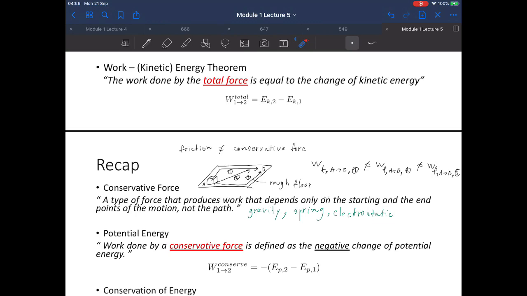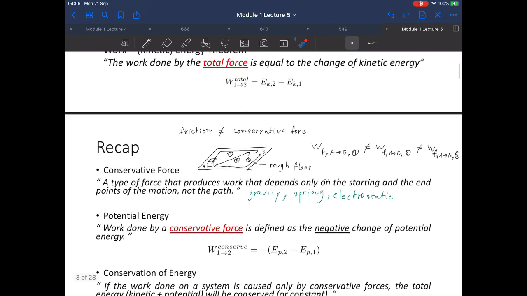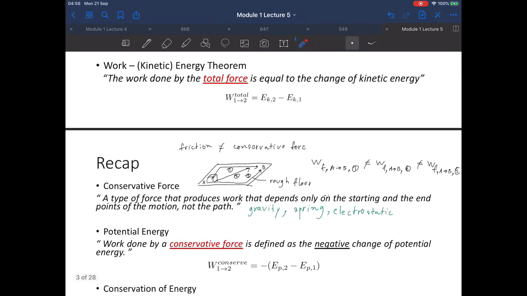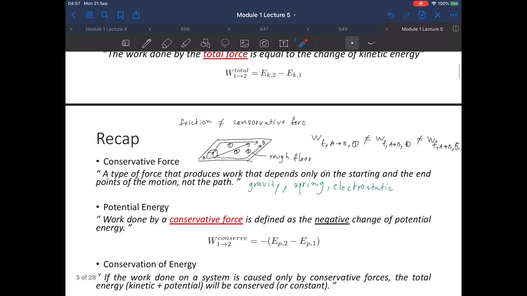Now, if you combine the two of them together, you get something called conservation of energy. So basically, conservation of energy says that if the work done by the total force is equal to the work done by the conservative force, then the change in the kinetic energy here must be equal to the negative change in the potential energy here.